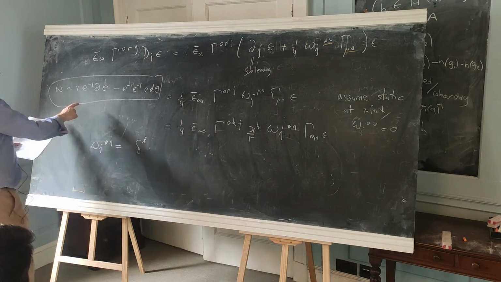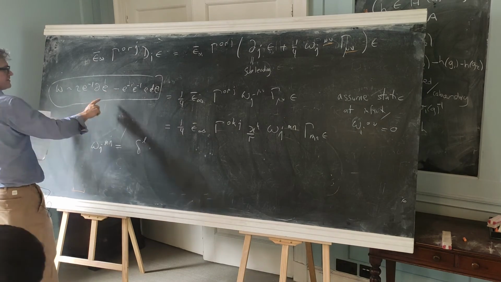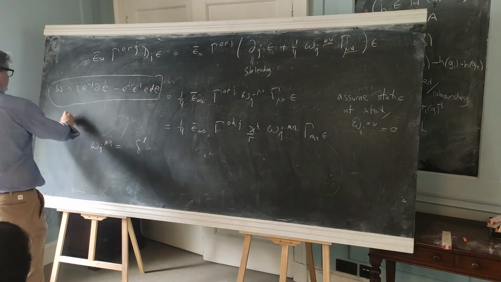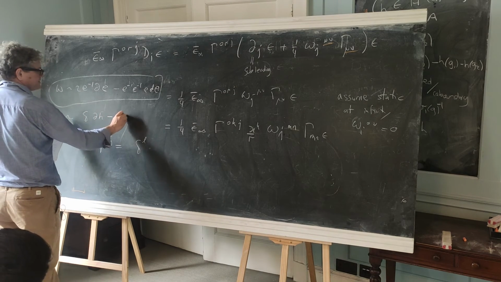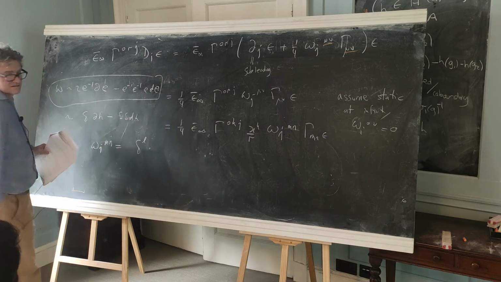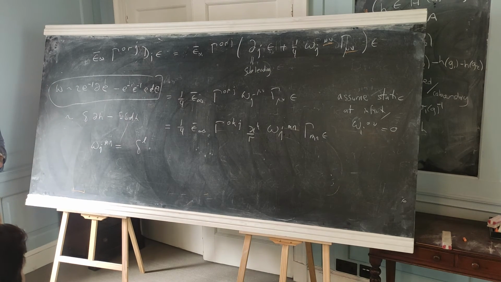But the point is that when I write this out in this expansion on the right, this is just going to look like delta dH minus delta delta dH, schematically, at leading order.